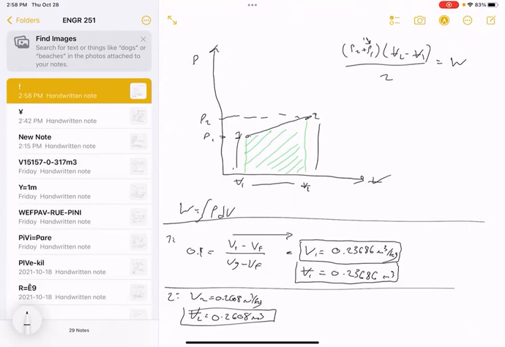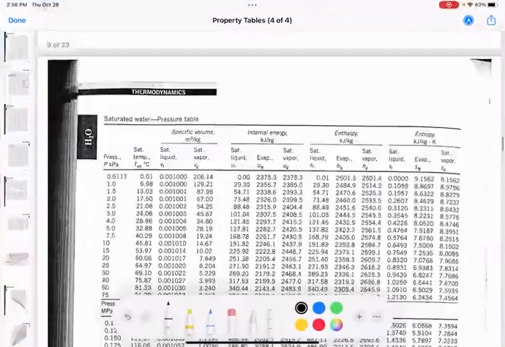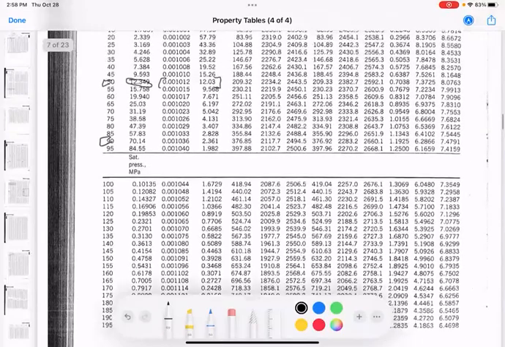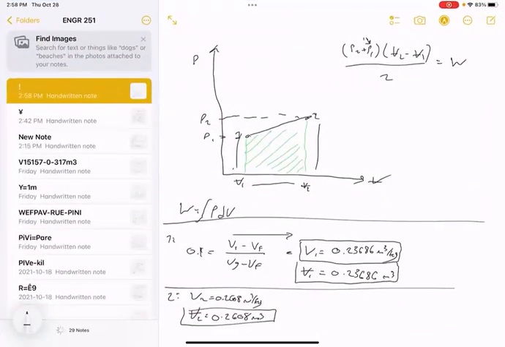So let's go back and check what that was. Here we are, 90. So 70.14 kilopascals right here is the saturation pressure. That is our initial pressure, so P1 equals 70.14 kPa.